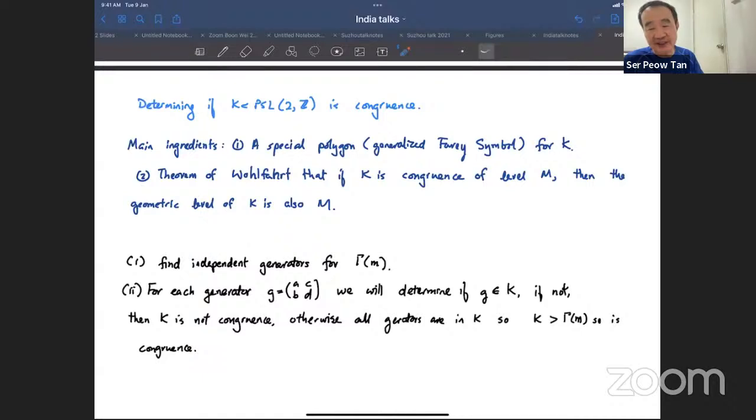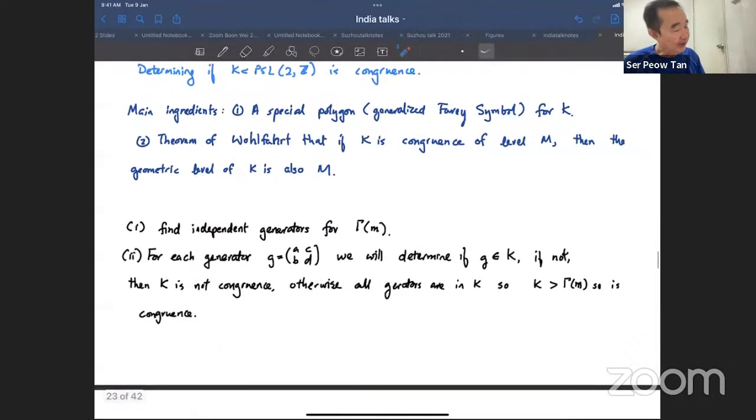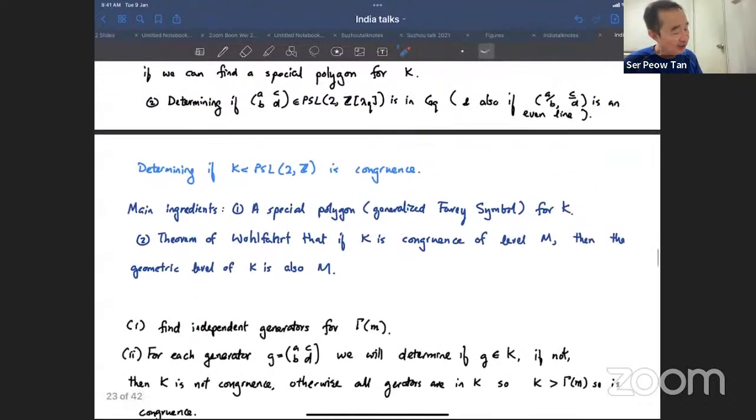The geometric level of K is basically the LCM of the widths of the cusps of H mod K. Anyway, the point here is that the geometric level of K is easily determined. For example, once we know the special polygon, that's easily calculated.